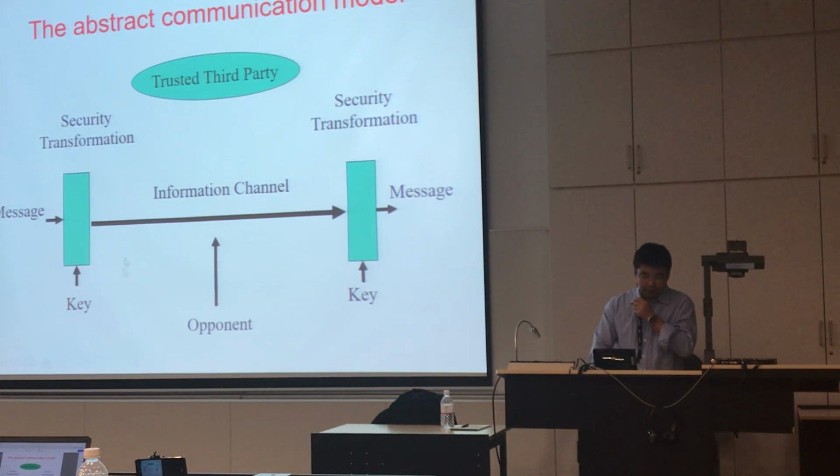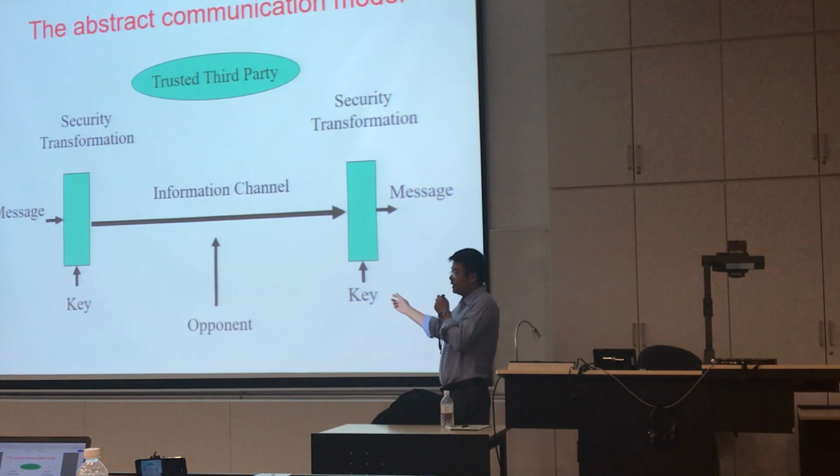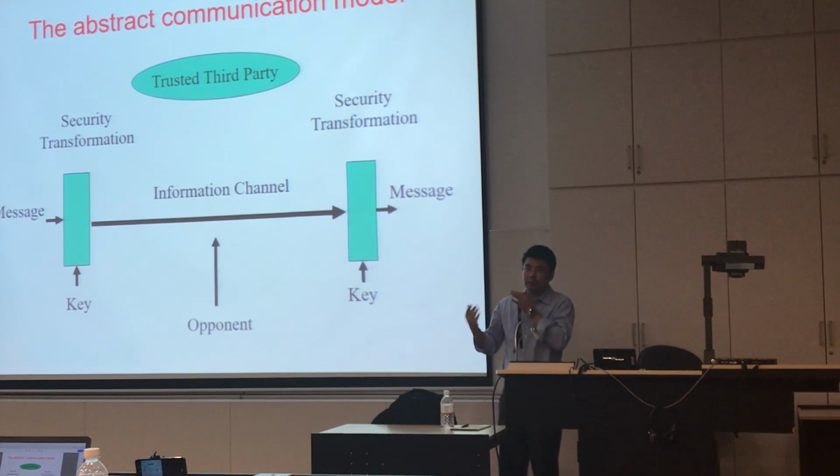Because if you want to have a security transformation, you must have some secret key involved, not known by the attacker. So the key is basically an advantage compared with the attacker. The attacker has no key, so the attacker cannot eavesdrop on or modify the message. If you have the key, then you can recover the message and verify it.